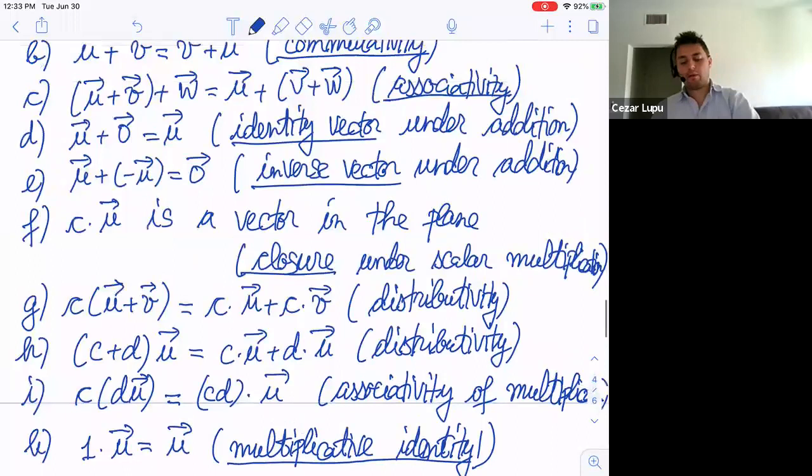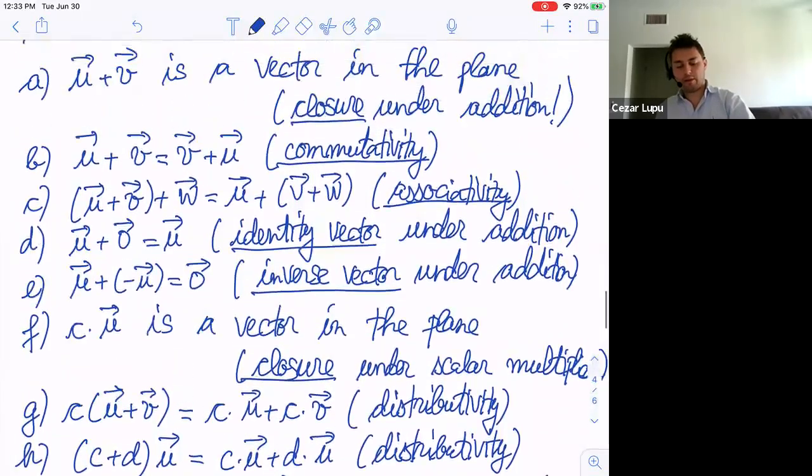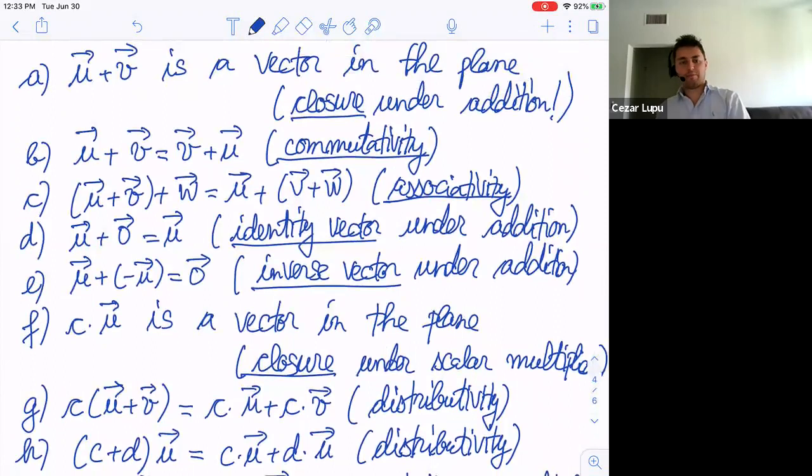Wow. So there are a bunch of operations. I want you to look at them a bit. There are a bunch of operations satisfied by vectors in the plane. You see them? You can add them. It doesn't matter which way you add them, because the addition of two vectors is commutative. Then you have associativity.